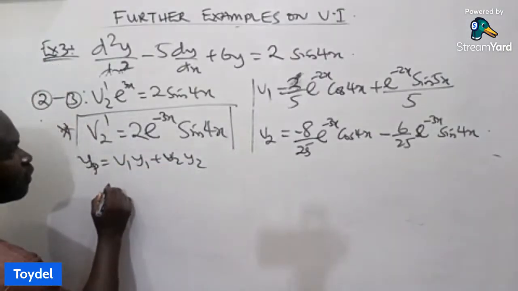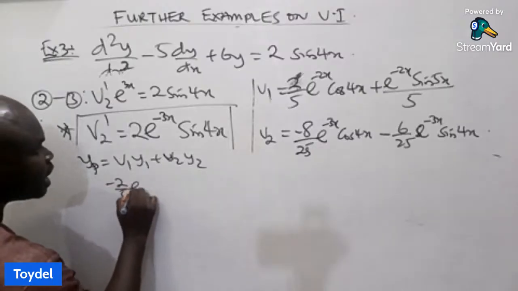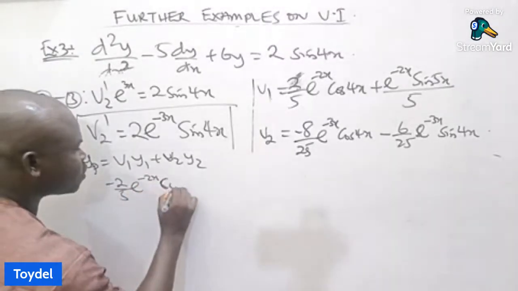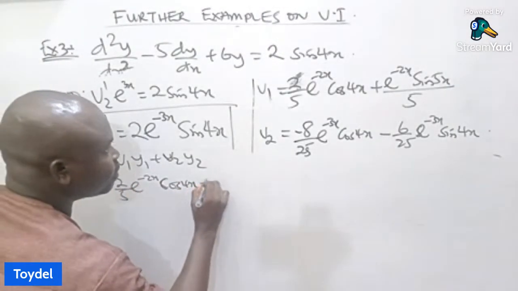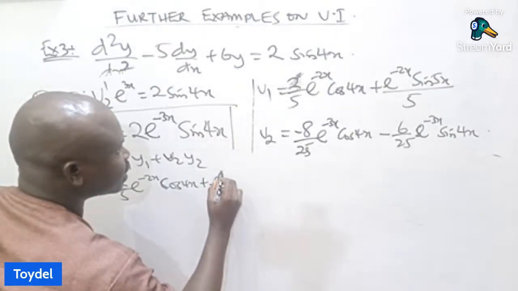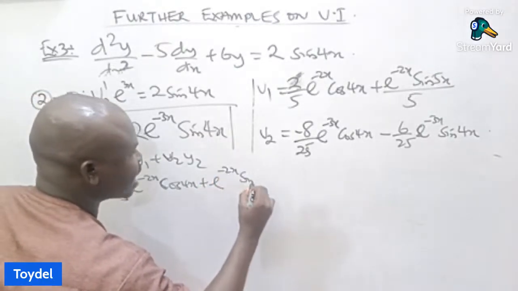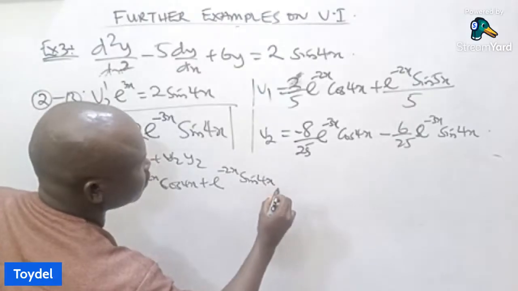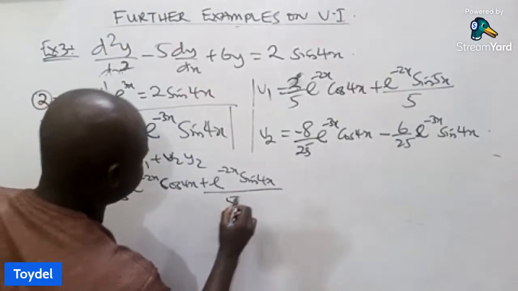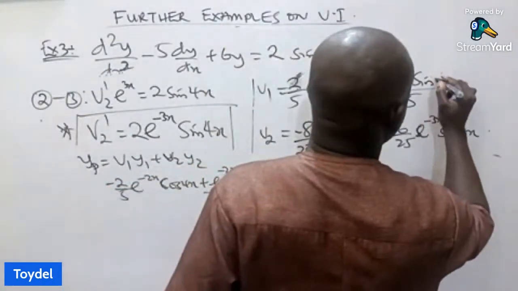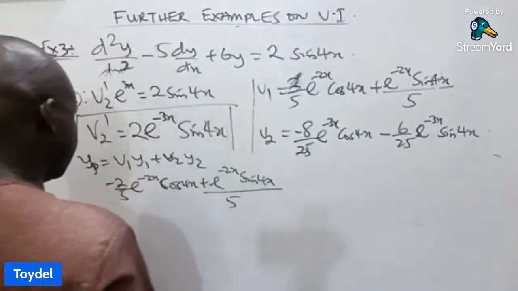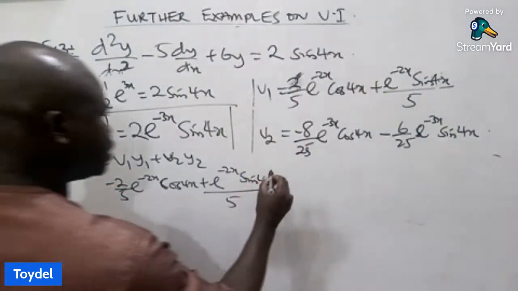So we put in the value of v1: minus 2/5 exponential minus 2x cos 4x plus exponential minus 2x sine 4x all over 5, in brackets.